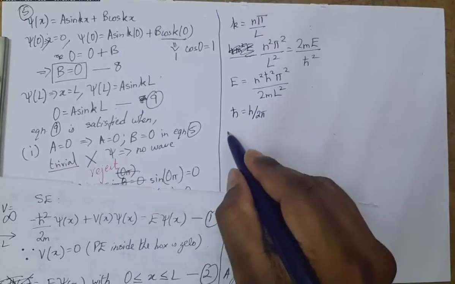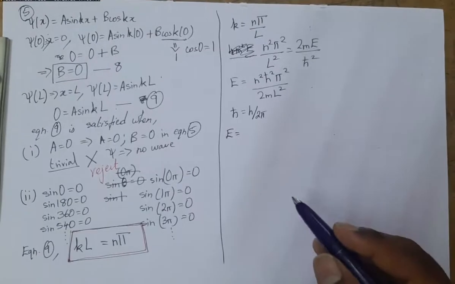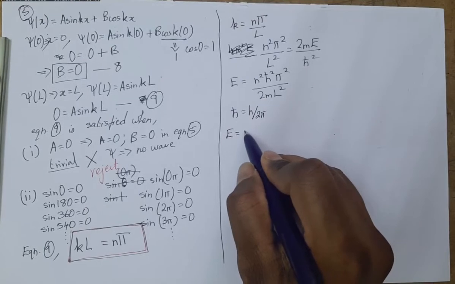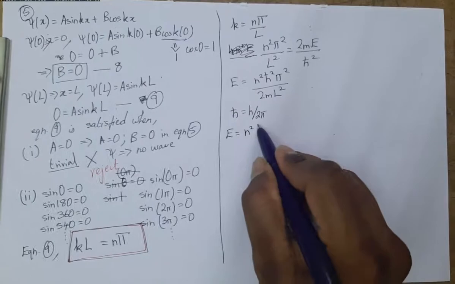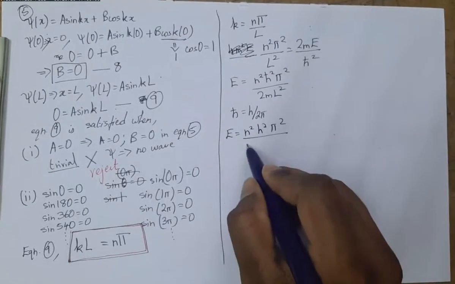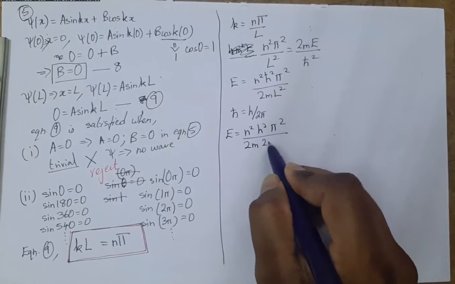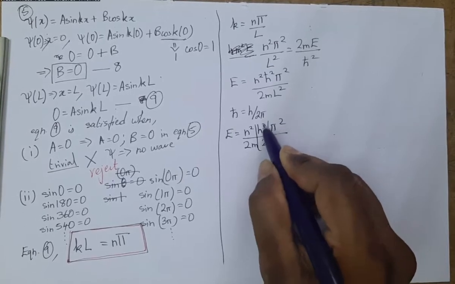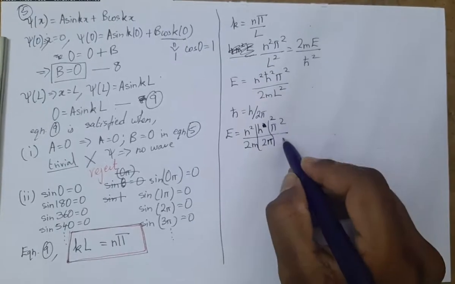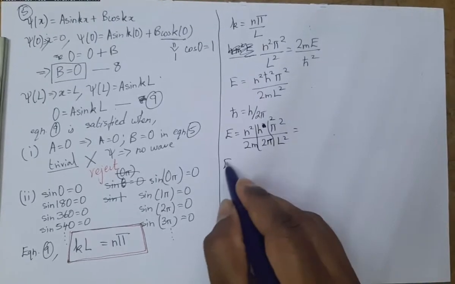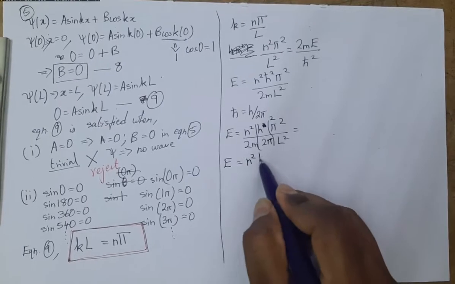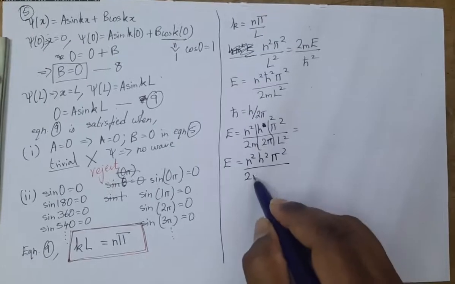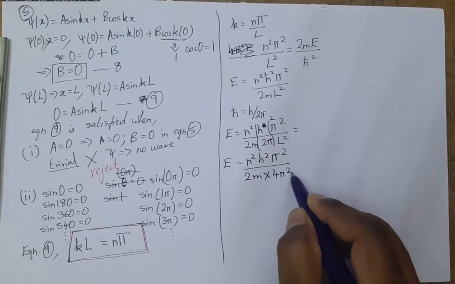If we substitute this here, we get E equal to n square h square pi square by 2m into 4 pi square L square.